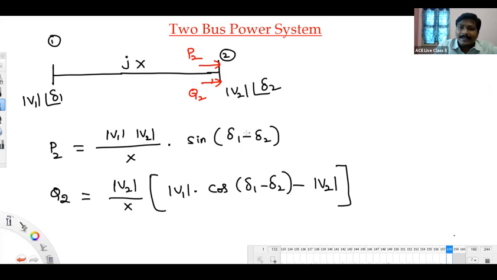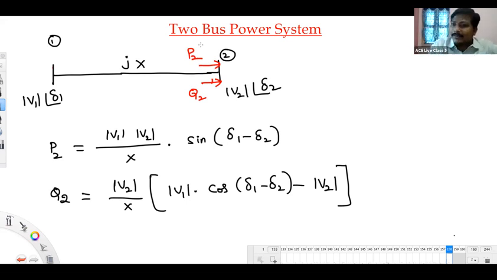If delta 1 minus delta 2 is a positive number, then you can say P2 is positive. P2 is positive means bus 2 is taking real power. Who is supplying that? Bus 1.